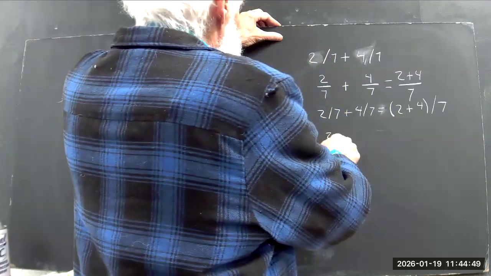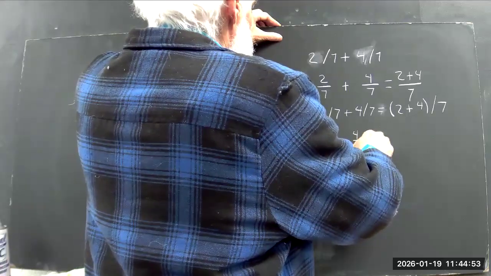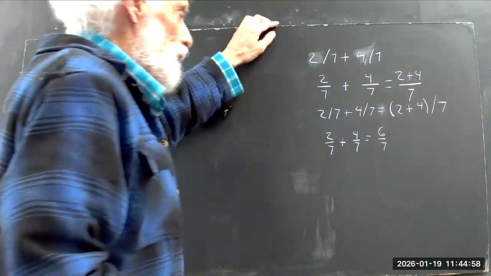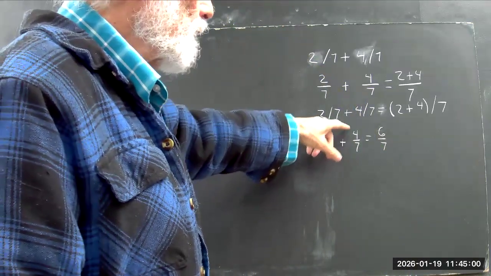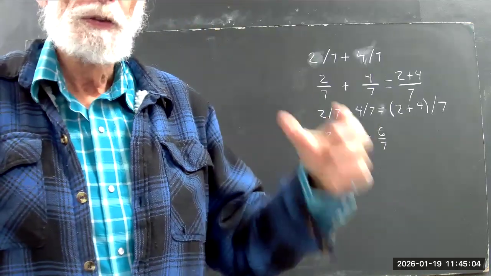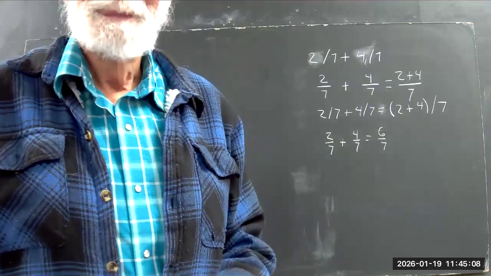And finally, you get the answer that most of you wrote down when you wrote down the fractions: 2 slash 7 plus 4 slash 7 equals 6 slash 7. 2 sevenths plus 4 sevenths is 6 sevenths, because you're adding sevenths.